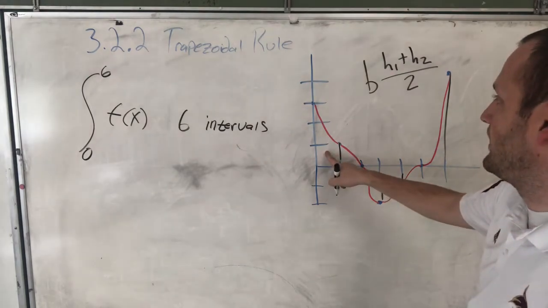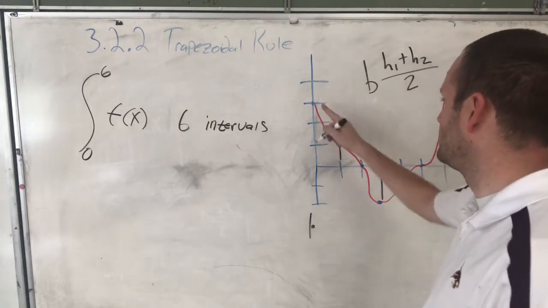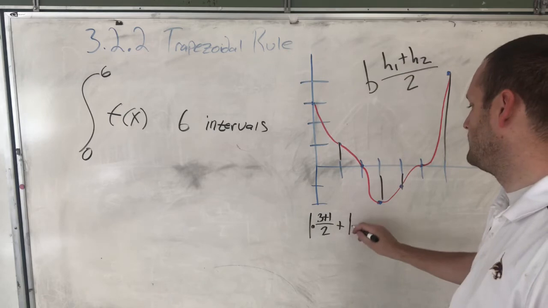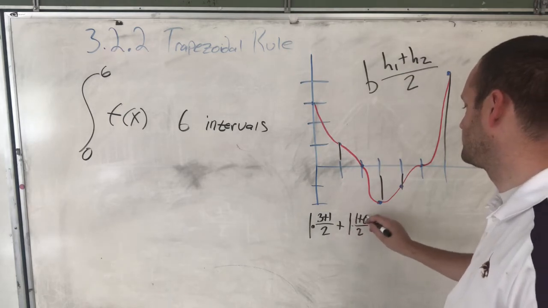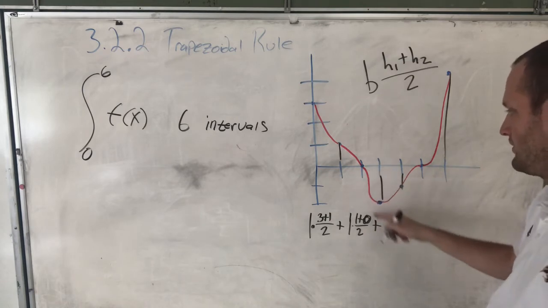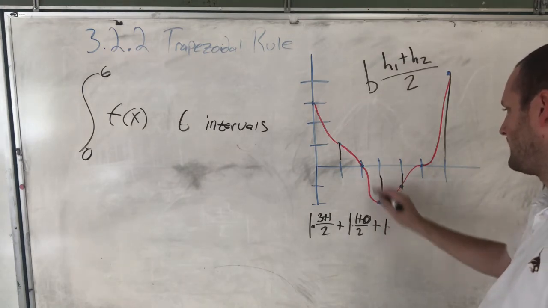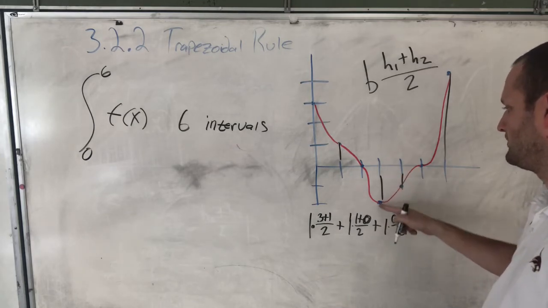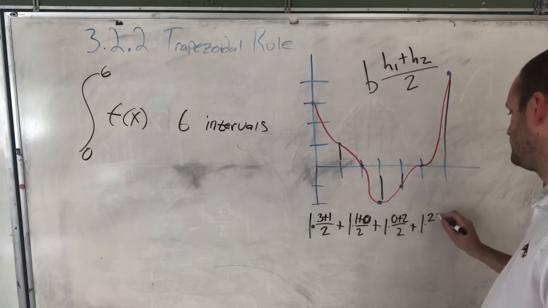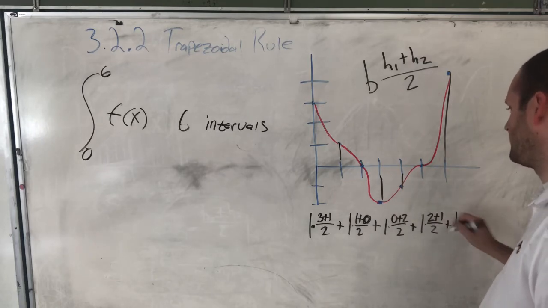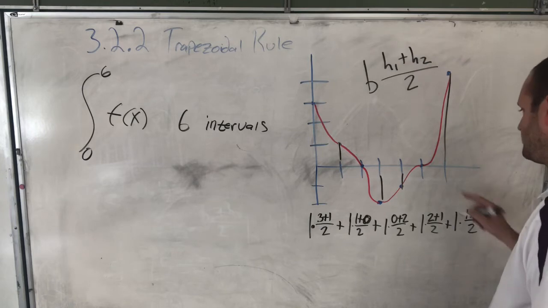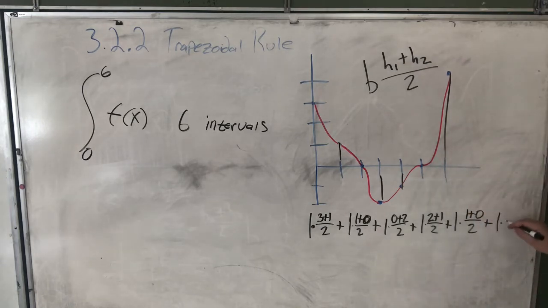On this first piece, we have 1 times 3 plus 1 over 2, plus 1 times 1 plus 0 over 2, plus, now we're going to that third one, 1 times 0 and 2, so 0 plus 2 over 2, plus, now doing this one, we've got 2 and 1, 1 times 2 plus 1 over 2, plus 1 times, we're now doing this one, 1 and 0, 1 plus 0 over 2, plus, this last one, 0 and 4, 1 times 0 plus 4 over 2.